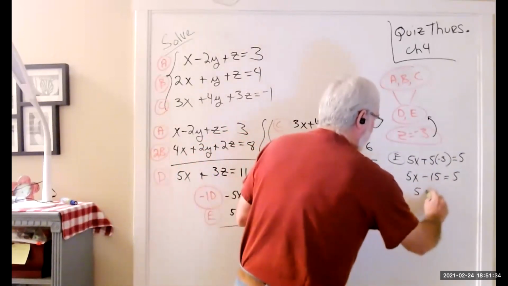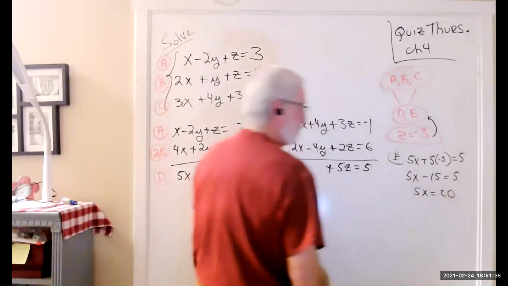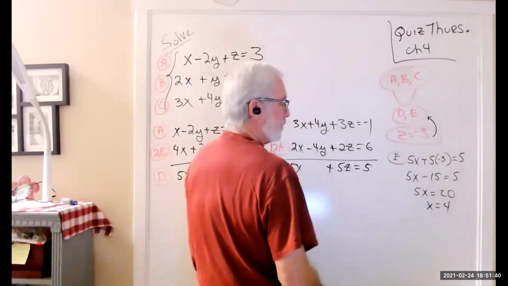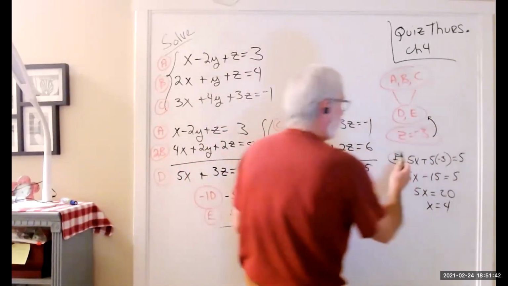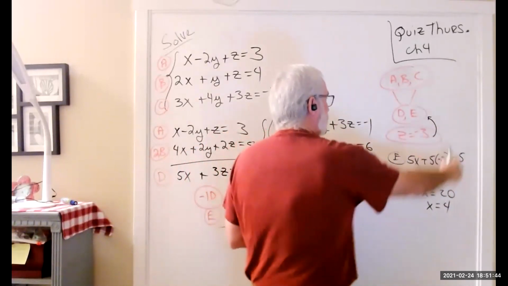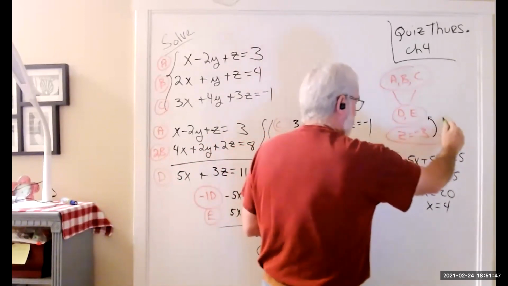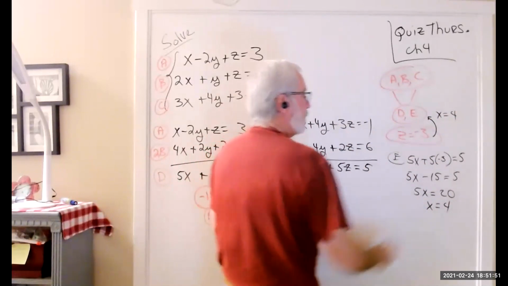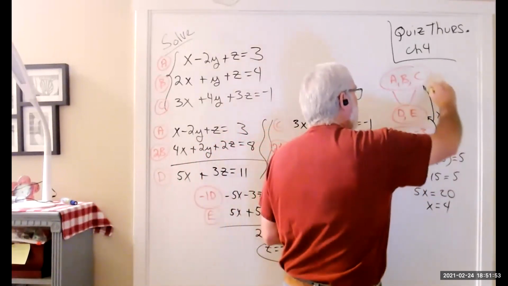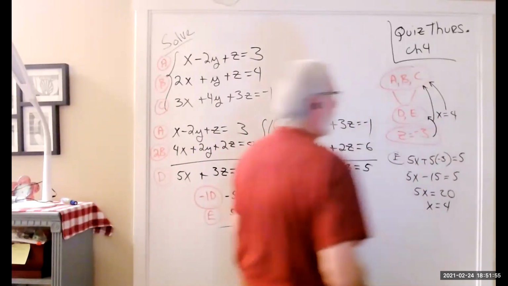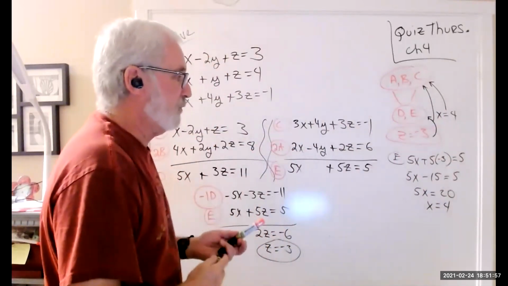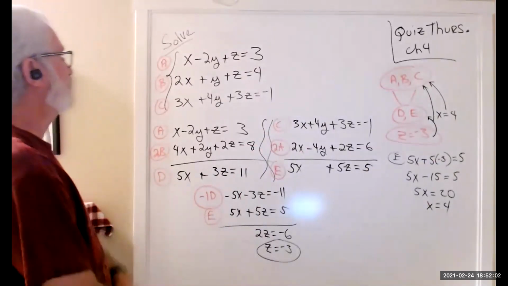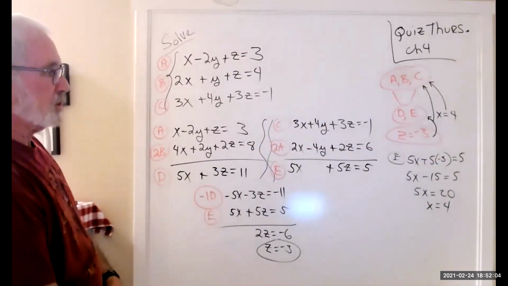So that's 5x equals 20, which is x equals 4. So now what I found, if I took Z and plugged it into D and E, I ended up with x equals 4. Well, now I take both of these and plug it into either A, B, or C to get my final answer. And again, it's just a matter of which is easier.